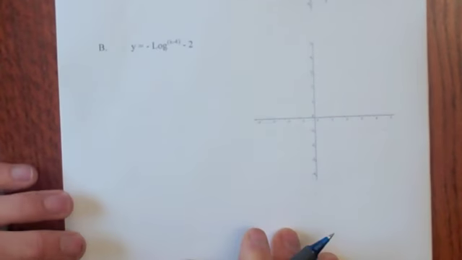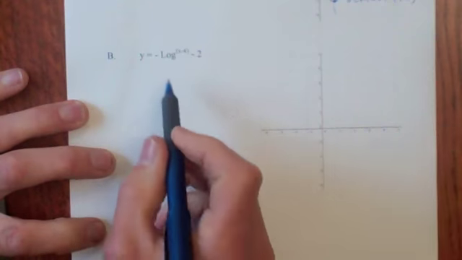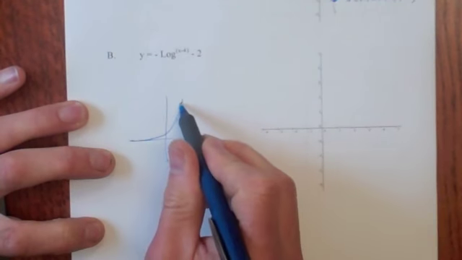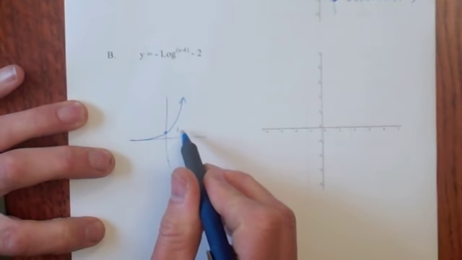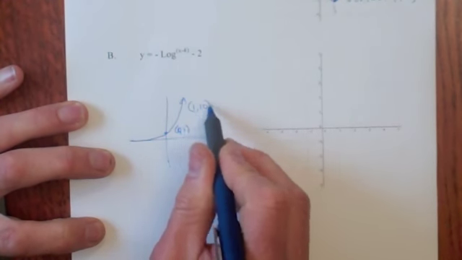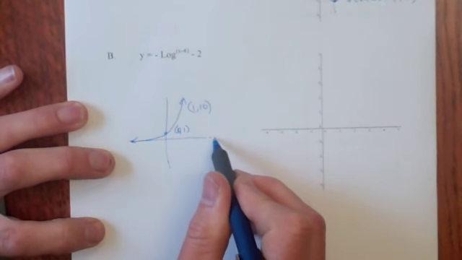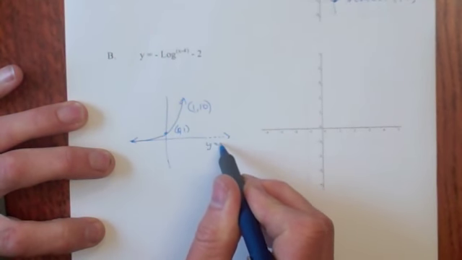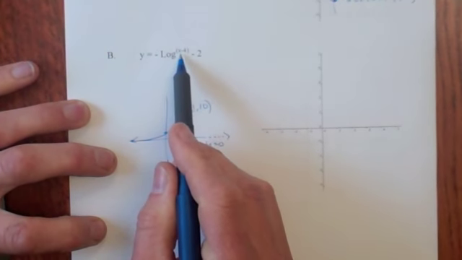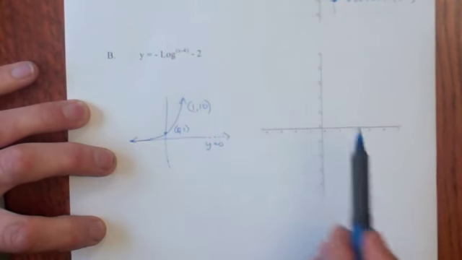Alright, this second one then is a logarithmic function. Again, the parent logarithmic function goes like that, and it goes through 0 comma 1 and 1 comma 10. So that's a good thing to bear in mind, with a horizontal asymptote there of y equals 0. What's happened now is I've translated it 4 units to the right.